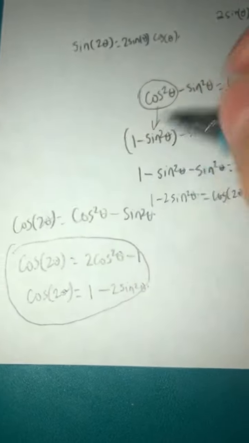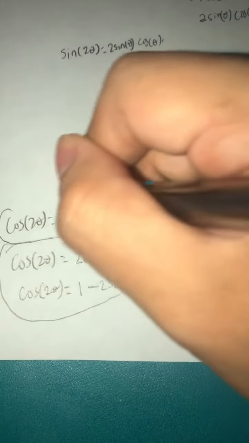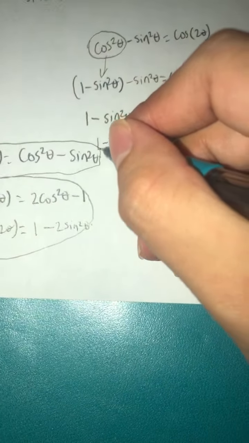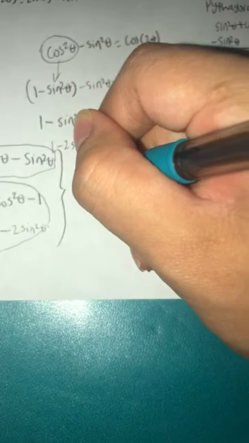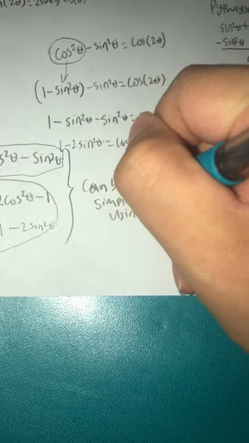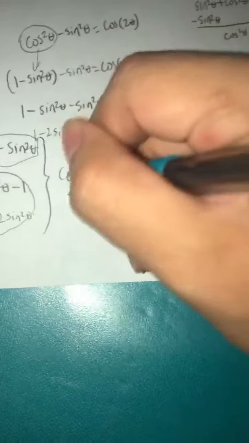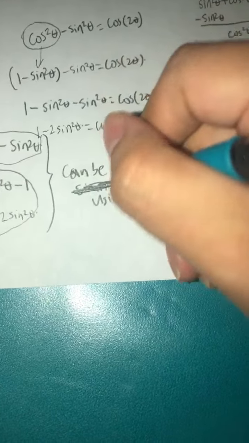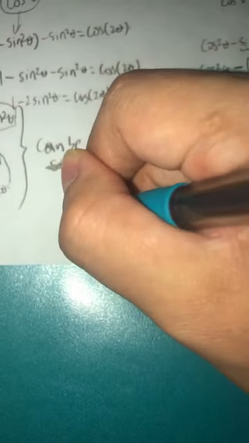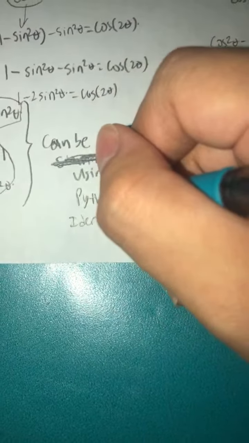And you can simplify them using the Pythagorean identity. It can be found using, and also my handwriting is really crappy, the Pythagorean identity, sine squared theta plus cosine squared theta equals 1.